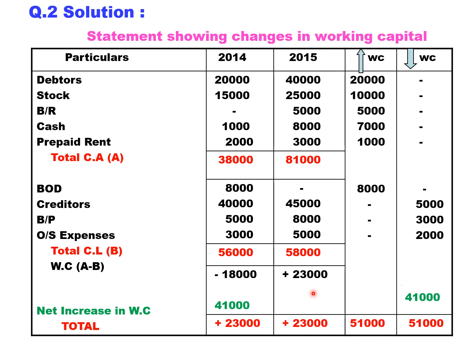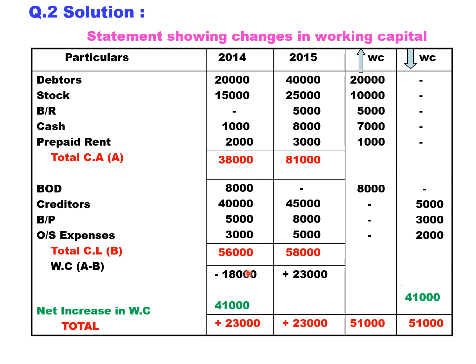So as you do the balancing figure in accounts, total one side and balancing other side, same way you do here also. Take the 23,000 total, put the same total in the 2014 column. So 23,000 minus of minus 18,000. Students, apply mathematical calculations. 23,000 minus of minus 18,000.